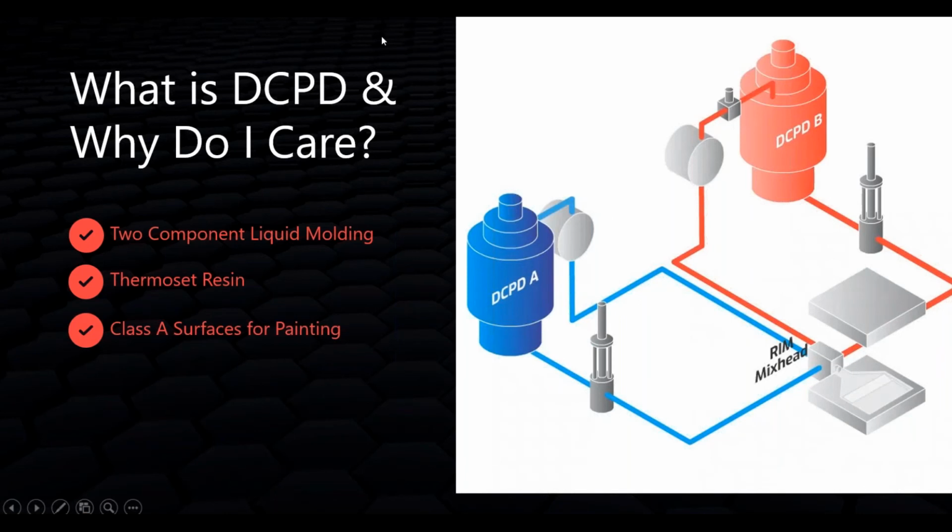Matt already indicated that the typical volume is in that 800 to 15,000 range. It's also for very large parts. So it's a sort of medium series volume, but large parts that are subject to a lot of damage, a lot of repeated impact, thermal environments, corrosive environments, and that sort of thing. One of the big benefits is that it's very easy to develop a very high level of Class A finish for painting.